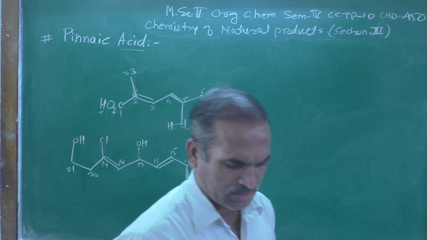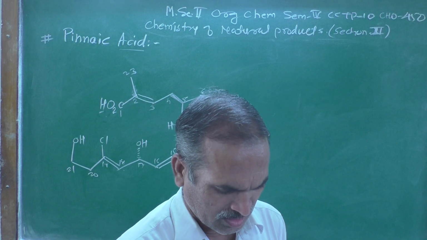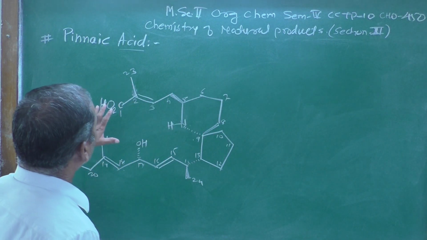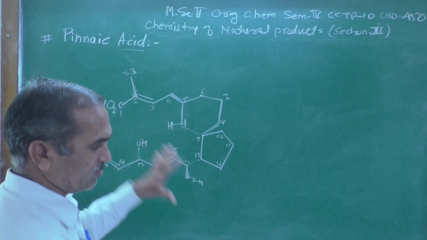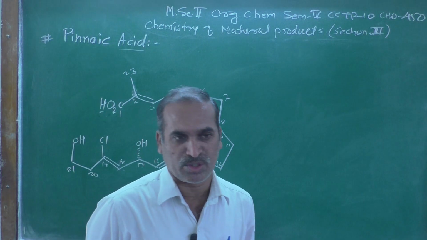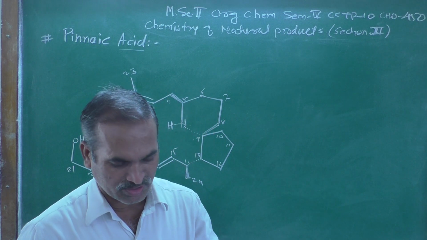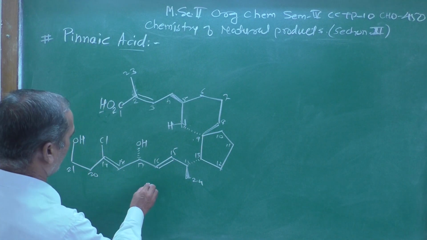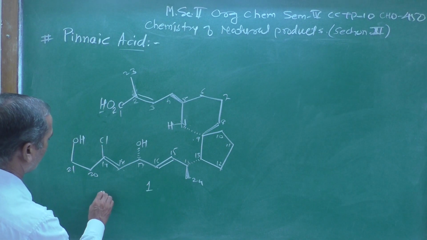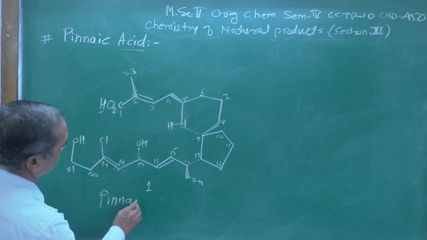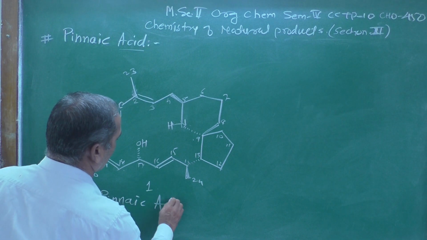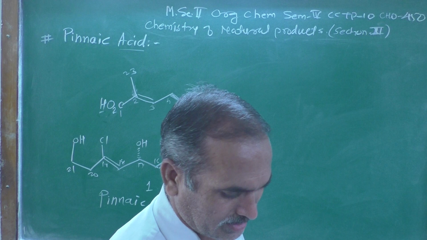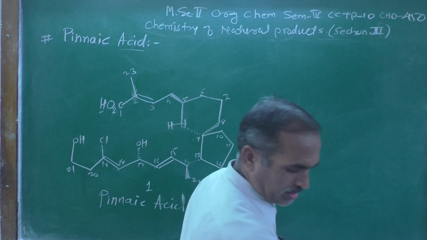So, these are the numbering system given to this target molecule, and a target molecule, as we know, is one whose synthesis is being planned. Now, this is structure number 1. The name of this structure is pinnaic acid, and now I am going to draw another structure here.